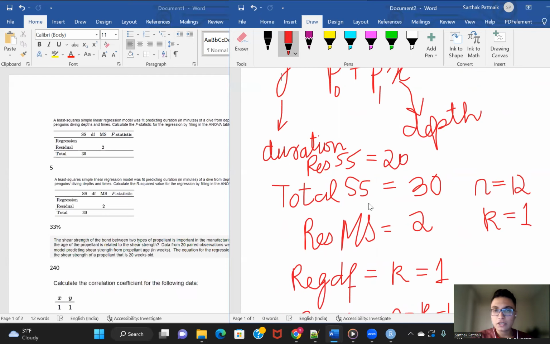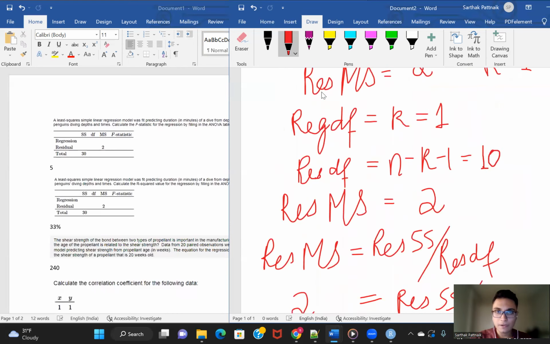Okay, now we know that total sum of squares is nothing but residual sum of squares plus regression sum of squares. From here, I can directly subtract these two entities and I can get my regression sum of squares as 10. Okay, now I need to calculate my regression mean square.